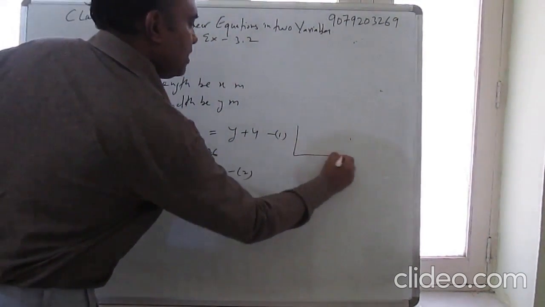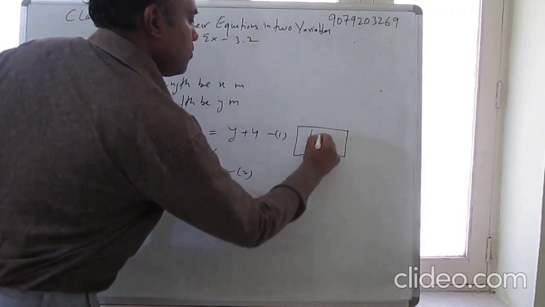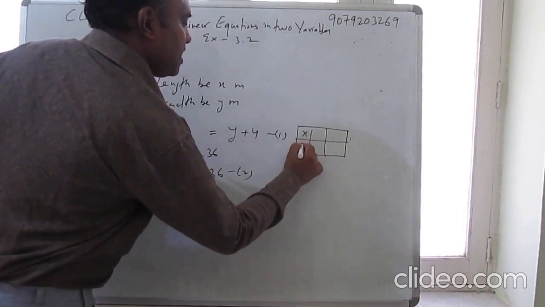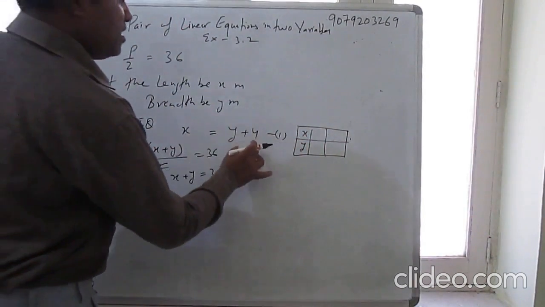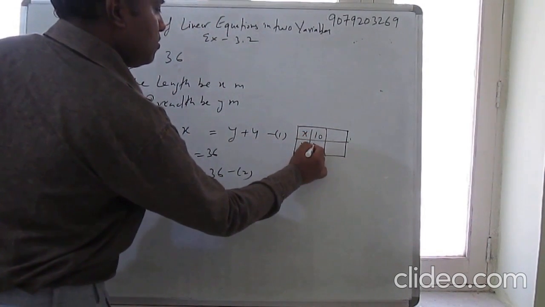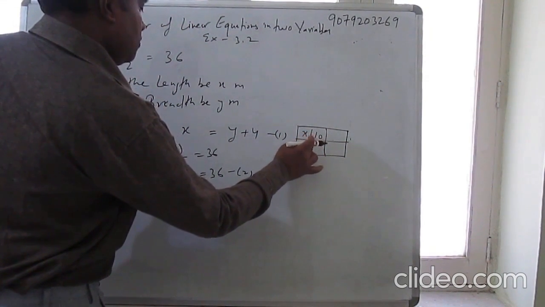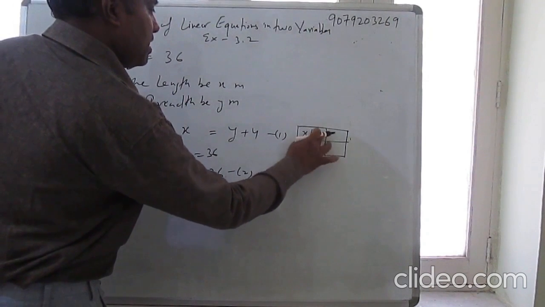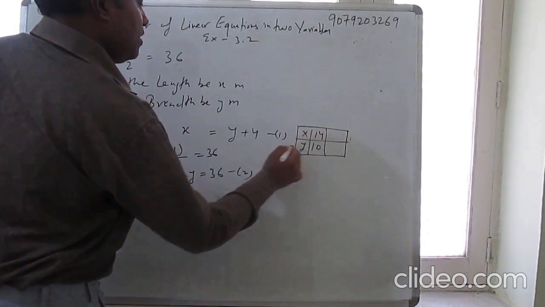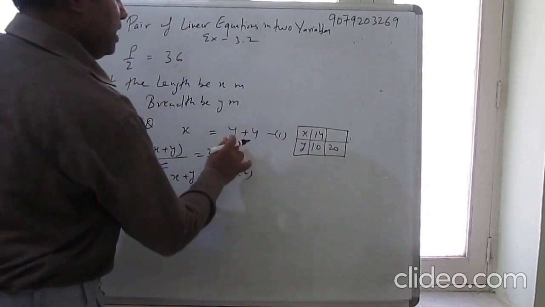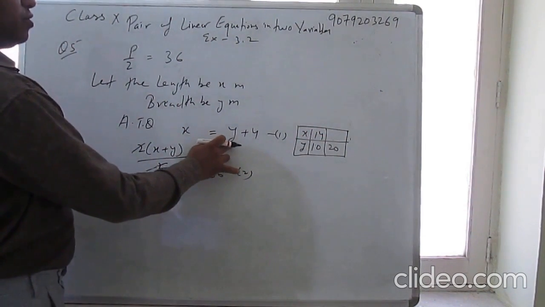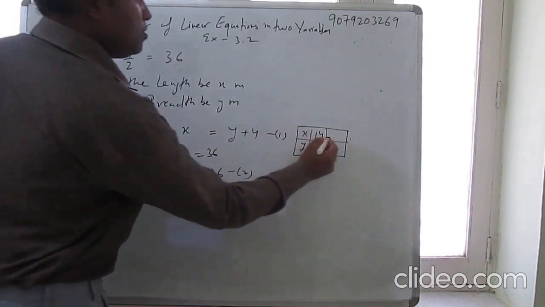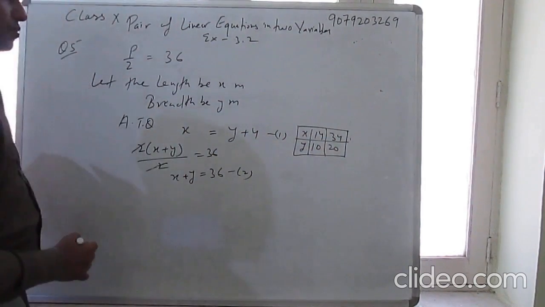So what are the points for equation 1? x and y. If I take y is equal to 10, x is equal to 14. If I take y is equal to 20, x is equal to 34.